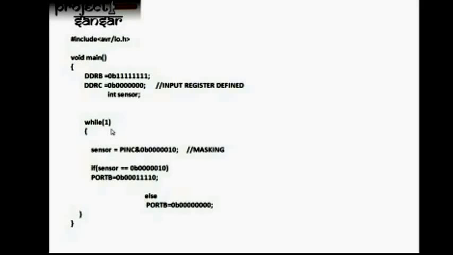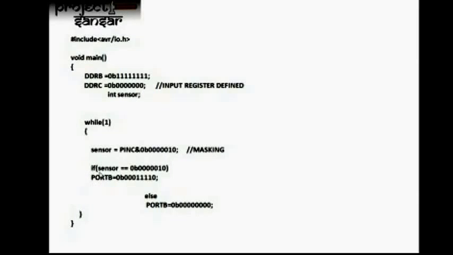Next we go to the while(1) loop. Okay, so the sensor would mask port C. Like I said, port C has 7 pins, and the sensor has to take the value from pin 1. So we only mask it with port C, pin number 1. So this is the masking function.